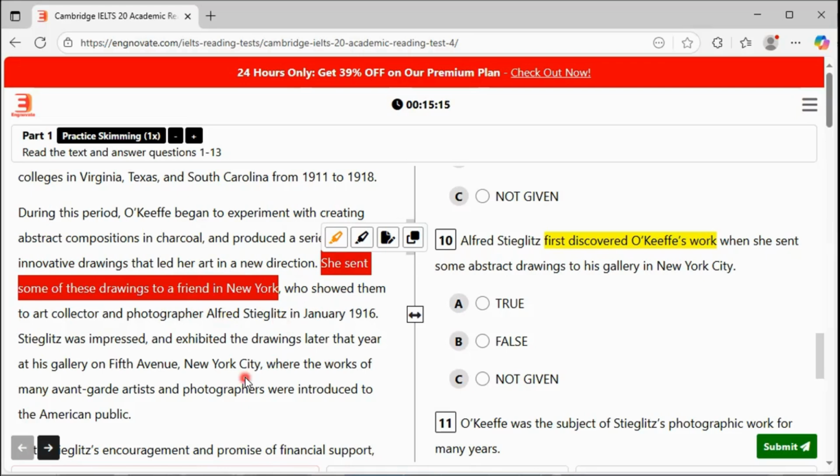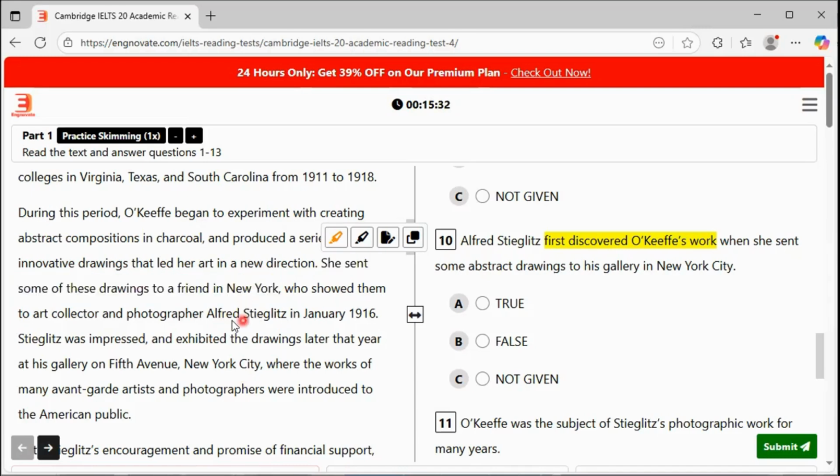So, ladies and gentlemen, the part of the statement that says she sent some abstract drawings to the gallery is not what we have here. She sent her drawing to a friend. It was a friend that showed it to Alfred Stieglitz.